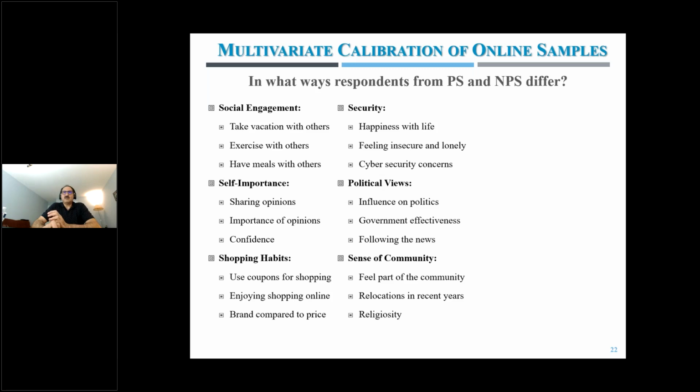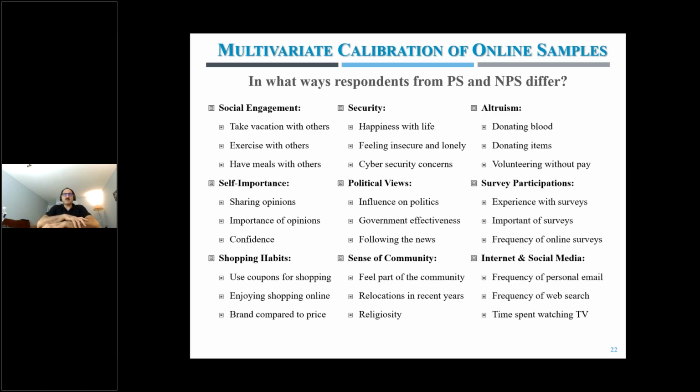And as you see, it's a long list of measures that weighting cannot effectively address. Now, you cannot include a question about each one of these measures in the hopes of using them for calibration to make your respondents from online panels more representative. So you have to be parsimonious about that.